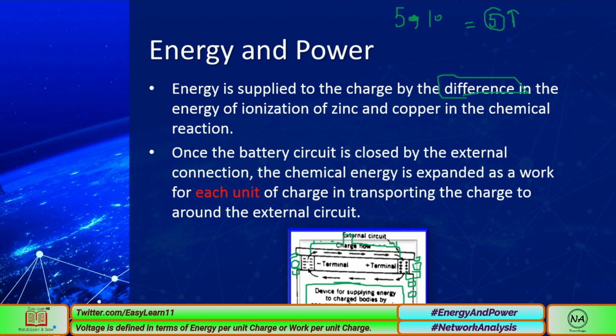This comes from the ionization energy difference of the chemical reaction, which we can simply say is the chemical energy. This chemical energy is expended as work for each unit of the charge. So chemical energy is responsible for all this, and ionization energy is basically the process.